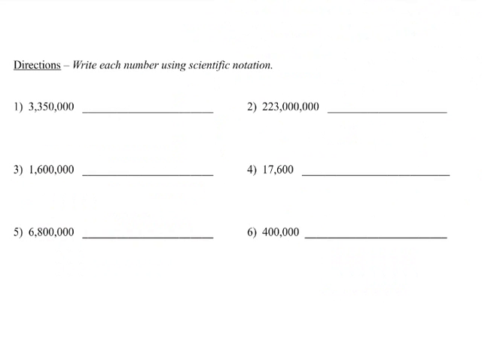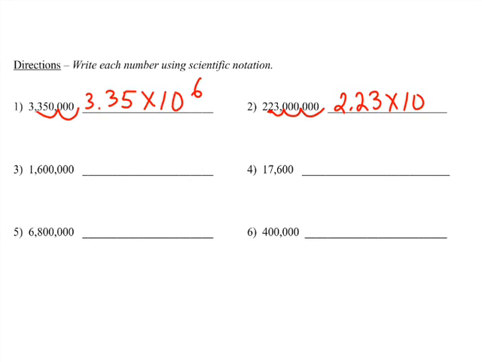Let's try a few of these. So this would be 3.35 times 10 to the 6th, because I moved it 6 spots. First number needs to be between 1 and 10, so it would be 2.23 times 10 to the 8th power. This would be 1.6 times 10 to the 6th power.